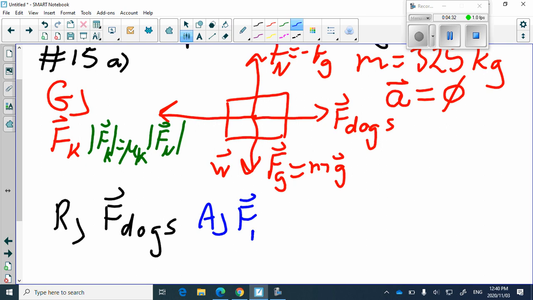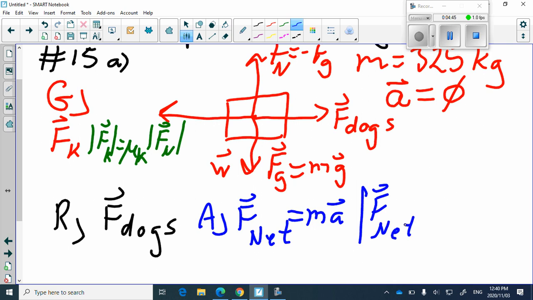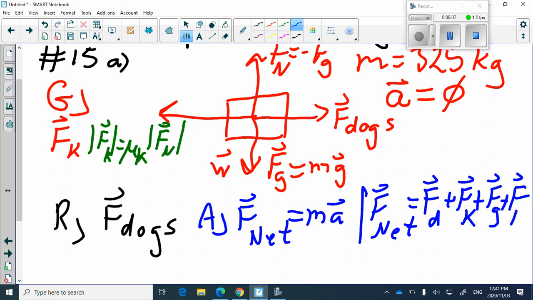F net equals MA, and F net, the other half of this, is the sum of all the forces, which would be force dog. Can I just put D for dog? You guys would get it, right? Force kinetic friction, force gravity near the surface of the earth and the normal force.